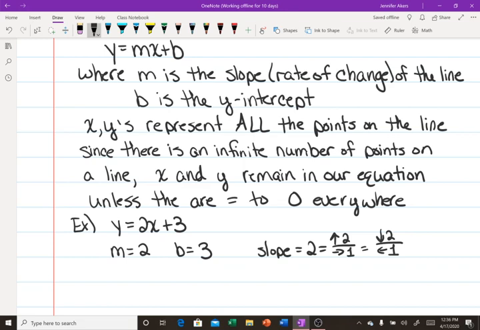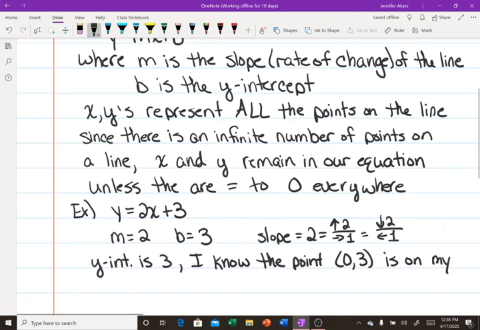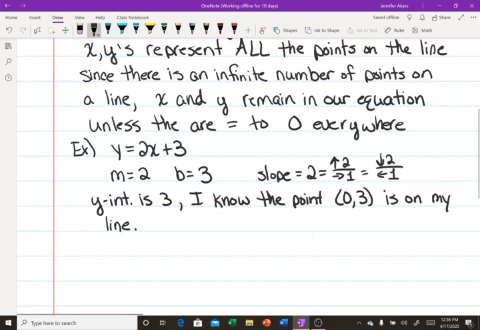And since the y-intercept is 3, I know the point (0, 3) is on my line, as well as infinitely many other points that are on the line.